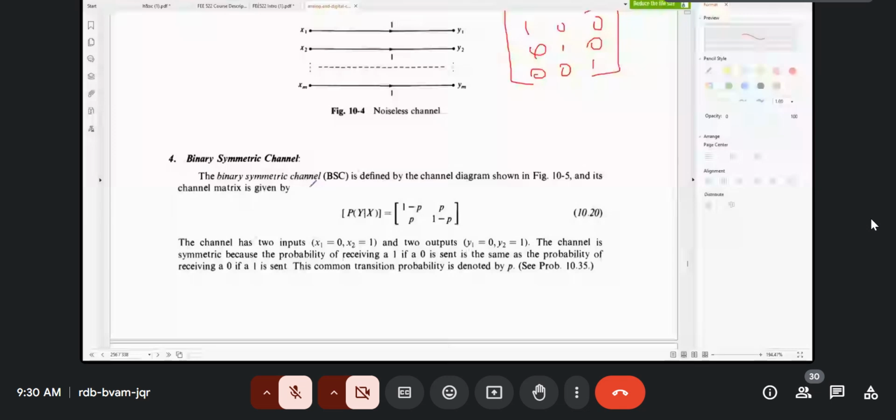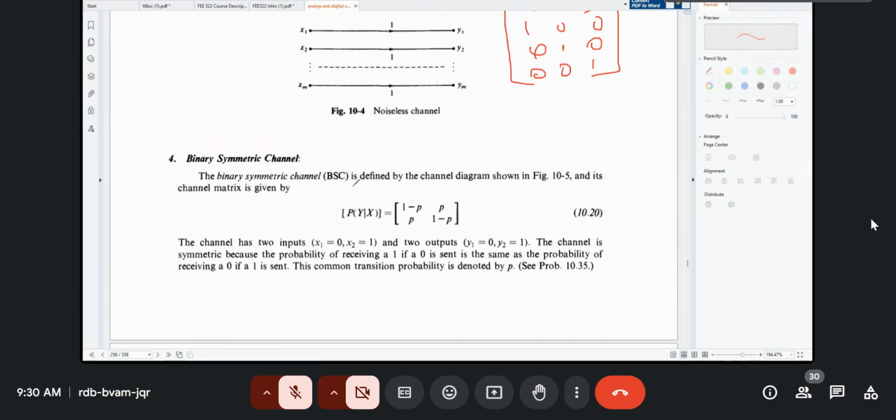And then, of course, the other type of channel is what you call the binary symmetric channel. Now, here, when you talk of binary, you're talking about very specific, you don't have x1 to xn, we have 0 and 1. That's a binary channel.